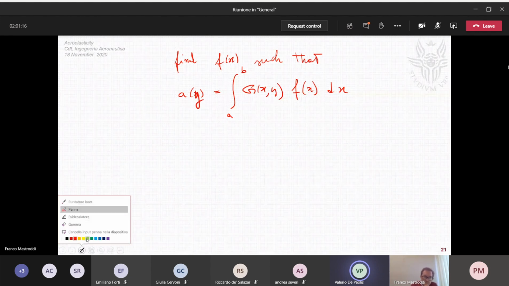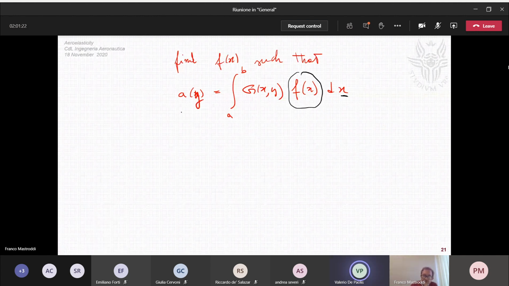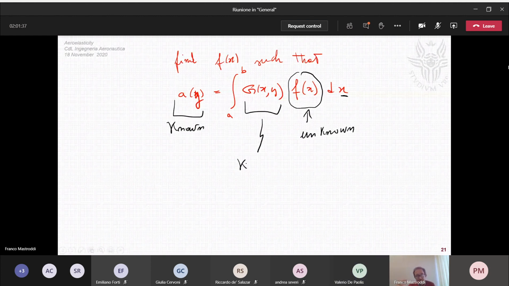You have an unknown inside an integral. This is an unknown, this is a known function, and this is a known function. It's just like a double function. And this double function connecting your known with your unknown is the kernel function. This is the concept of kernel in general, in applied mathematics.